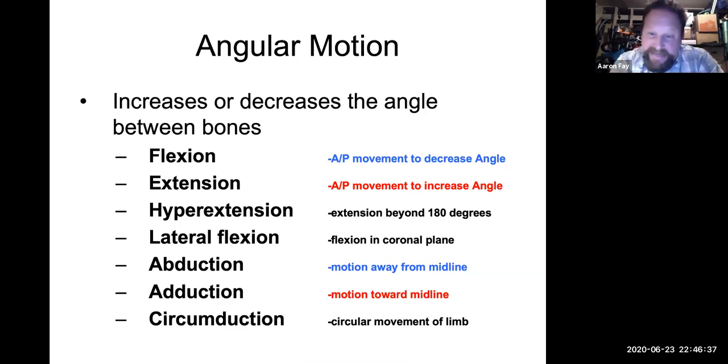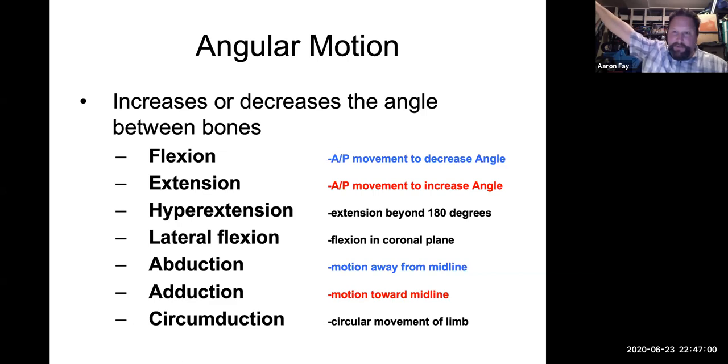Abduction means motion away from the midline of the body. A good example, now we're referencing the glenohumeral joint. If I'm going to abduct my arm, like that, I'm moving away from the midline of my body. Start, stop, that is abduction.